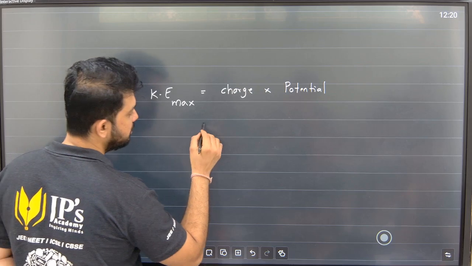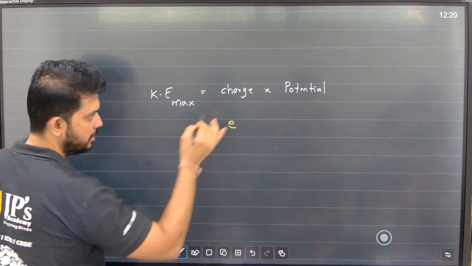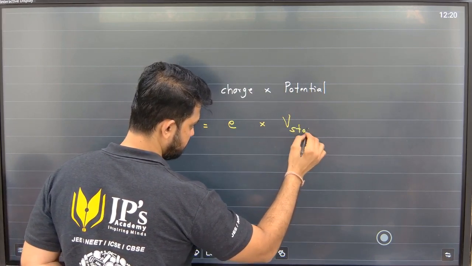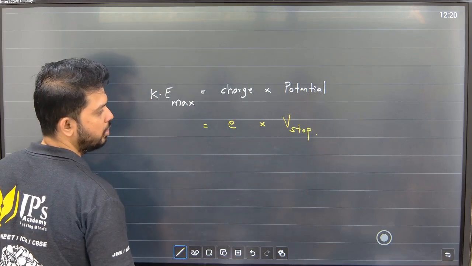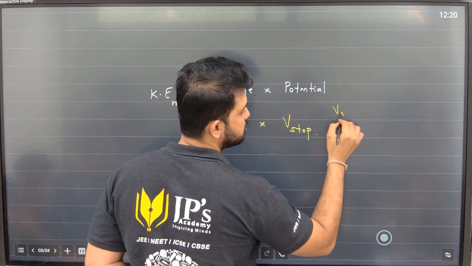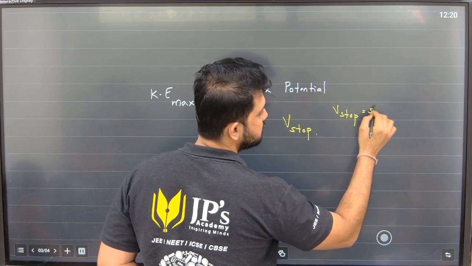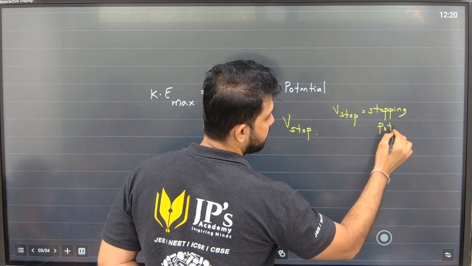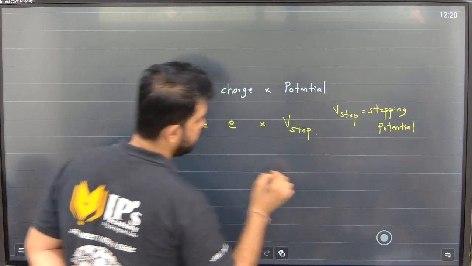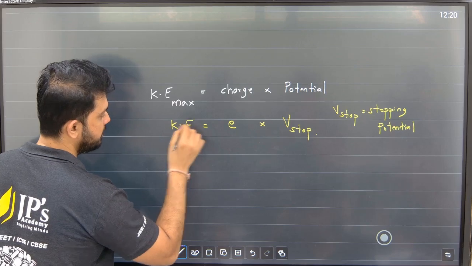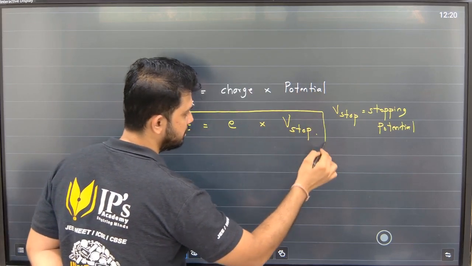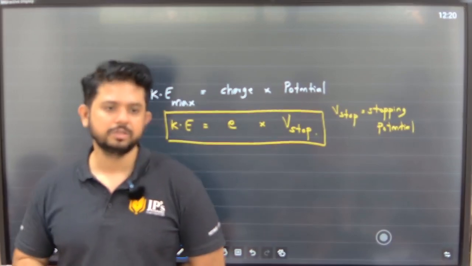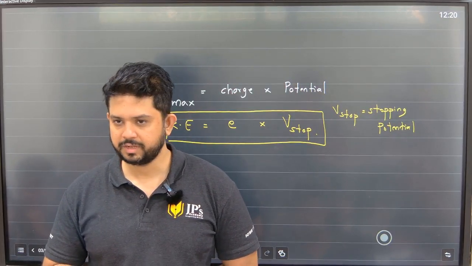The charge on the particle here is e, and the potential that we've applied is V, or this potential here is also called the stopping potential, V stop. Kinetic energy hence is also given by the expression charge, that is e, into stopping potential. Did you get that?